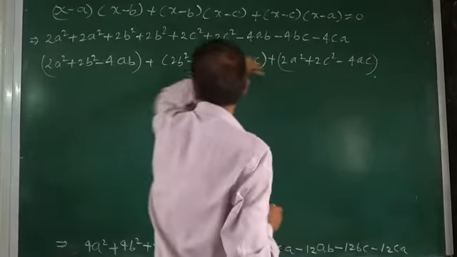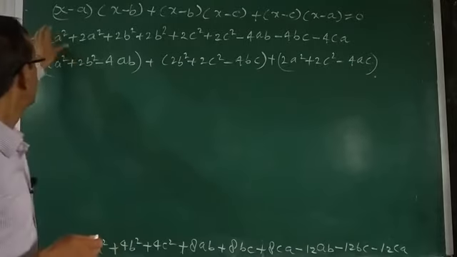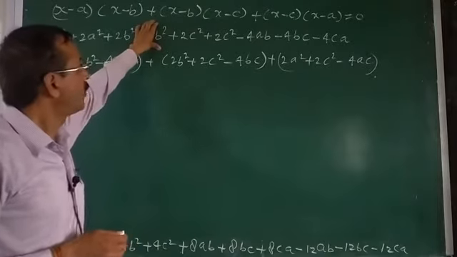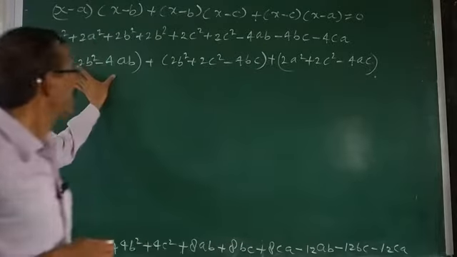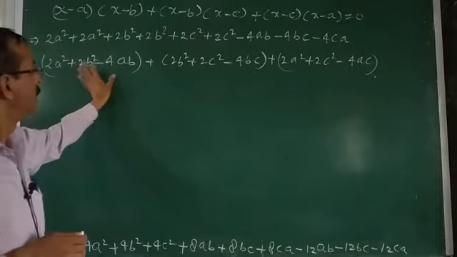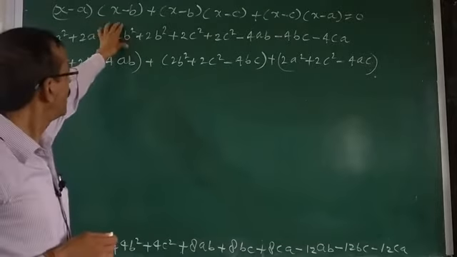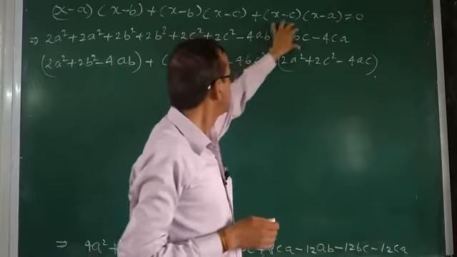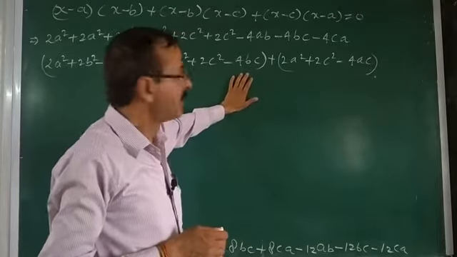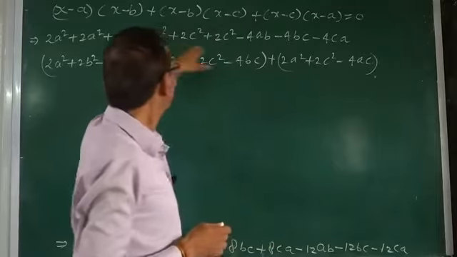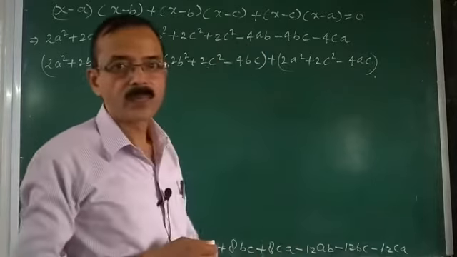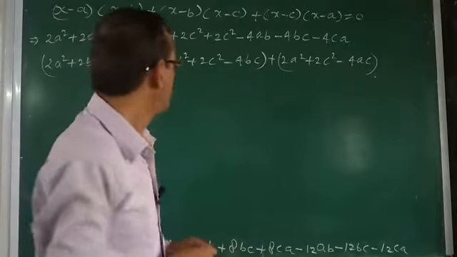Now 2a square plus 2b square minus 4ab in one bracket, 2b square plus 2c square minus 4bc in another bracket, and 2a square plus 2c square minus 4ac in the third bracket, to arrange in the formula.